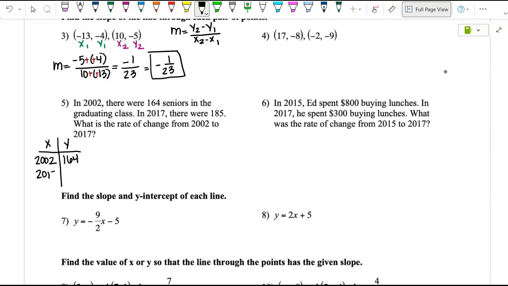In 2017, there were 185. Rate of change, again, is like slope. It's my difference in y divided by my difference in x. So here my slope would be 185 minus 164 divided by 2017 minus 2002.